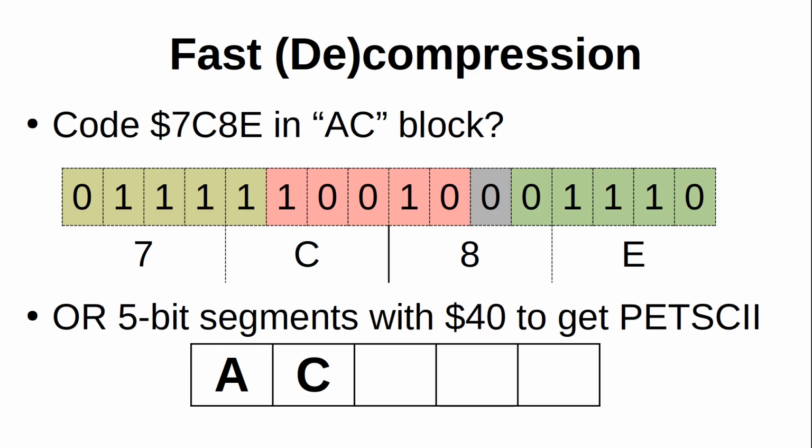And then the same thing here. In the pink, the lower 3 bits of the C and the upper 2 bits of the 8 form another value: 16 plus 2, the 18th letter. And at the end we have the E, which is whatever hex E is, which is 14.